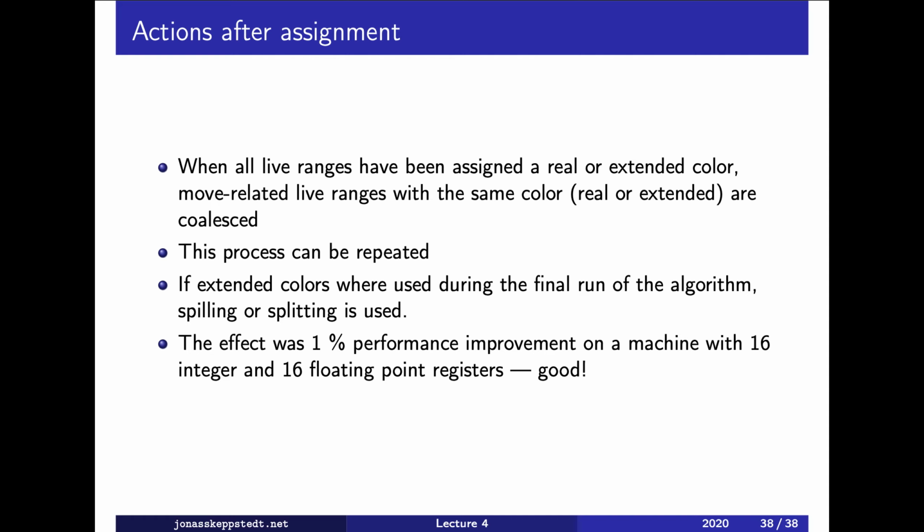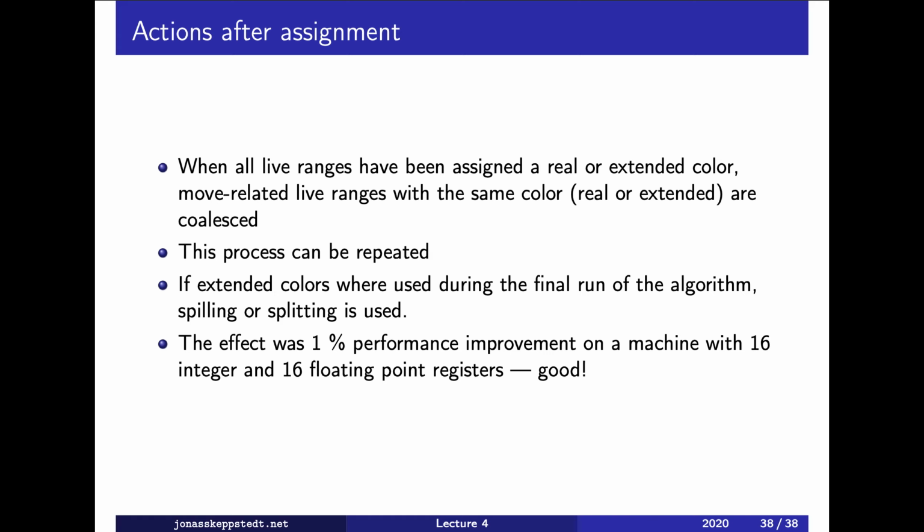So what we have done is to coalesce some live ranges, and of course we will not stop the coloring with extended colors because they are not useful, but we repeat this, and since we have discovered which might be suitable to coalesce, there is a hope that there will be better coalescing during the next iteration of running this version of Chaitin's algorithm.